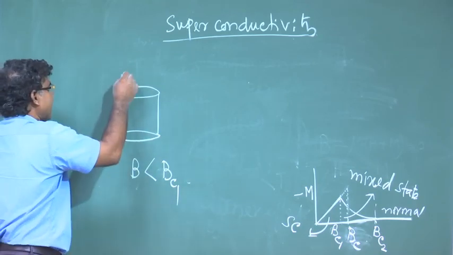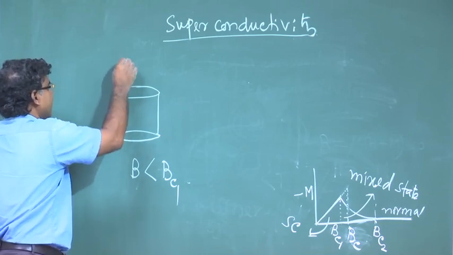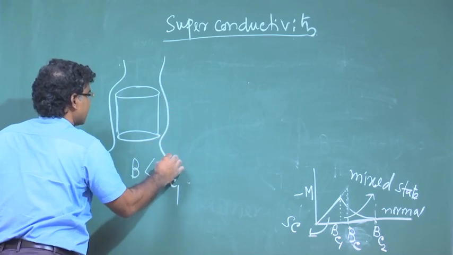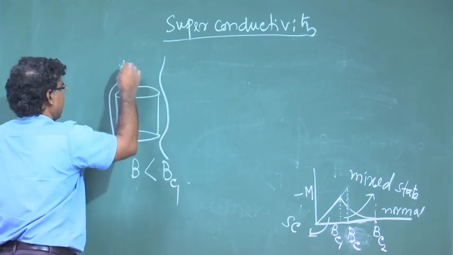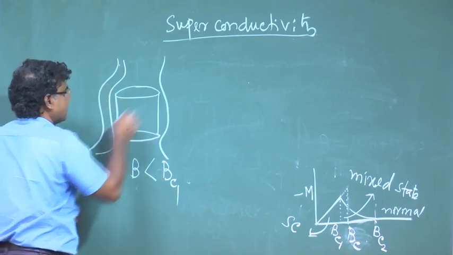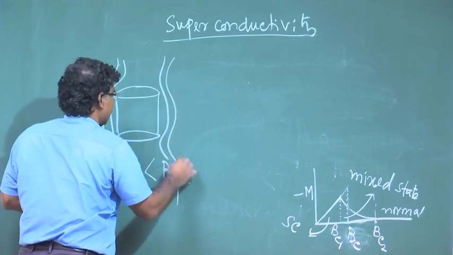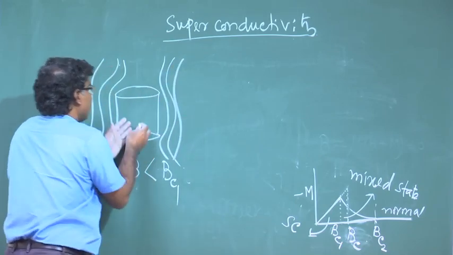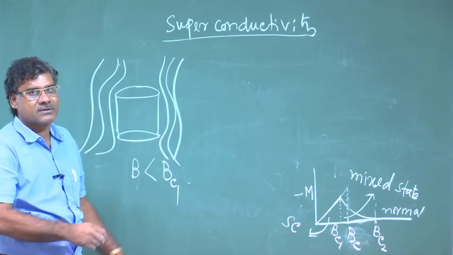So, you will see the change of magnetic field like the diamagnetic case, as if it repels the field. So, no field will be through this.